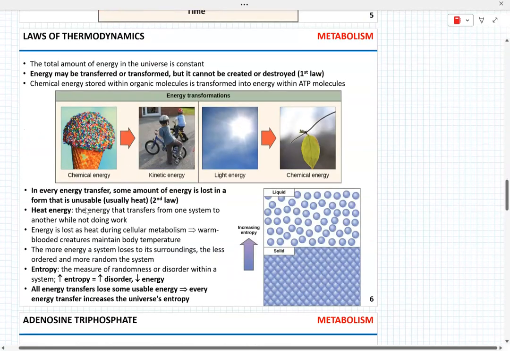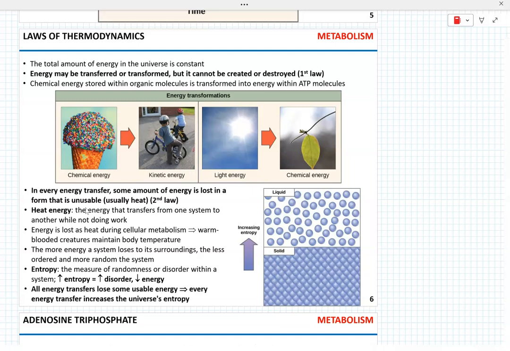Before we proceed, we need to talk about the laws of thermodynamics. The first law of thermodynamics postulates that energy may be transferred or transformed, but cannot be created or destroyed. In other words, the total amount of energy in the universe is constant.